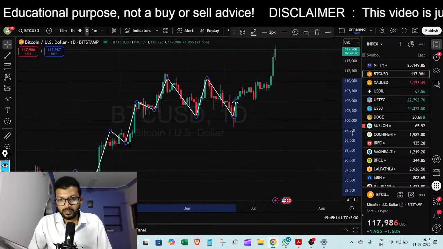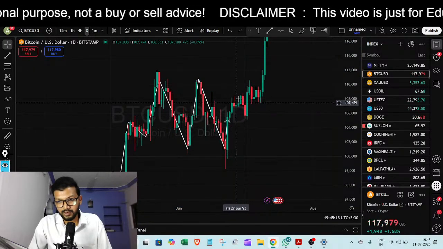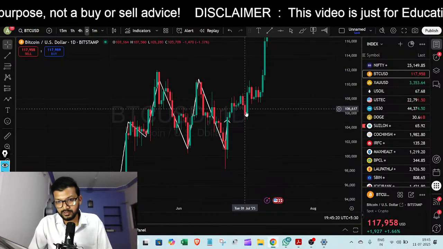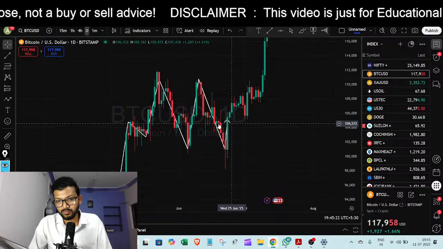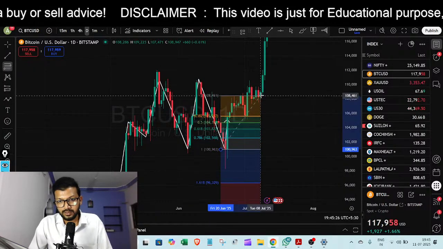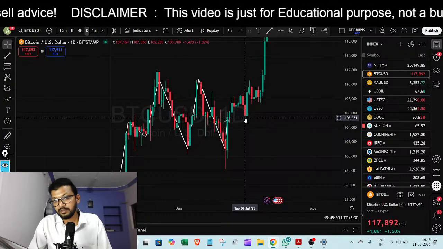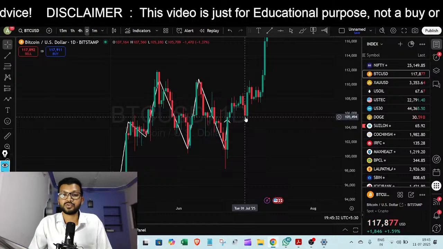So here, after this buying, let the market go upside and take a retracement. After this retracement, it is around 0.3 or 0.5. If you take closing to closing, from 0.3 it has taken retracement. In this retracement you should enter.